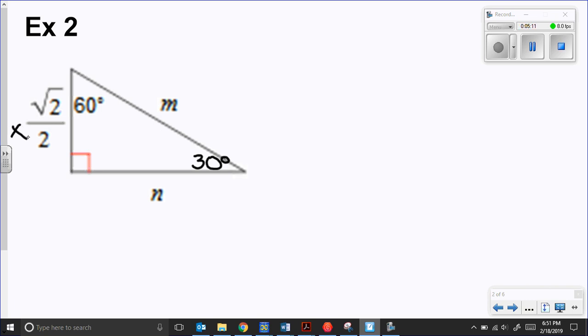So that's x. And then we know the hypotenuse is going to be 2 times x. And we know that the long leg, which is across from the 60-degree angle, is x times the square root of 3. Okay, so in this case, we already know that x is equal to the square root of 2 over 2. So we can already go ahead and put that down.